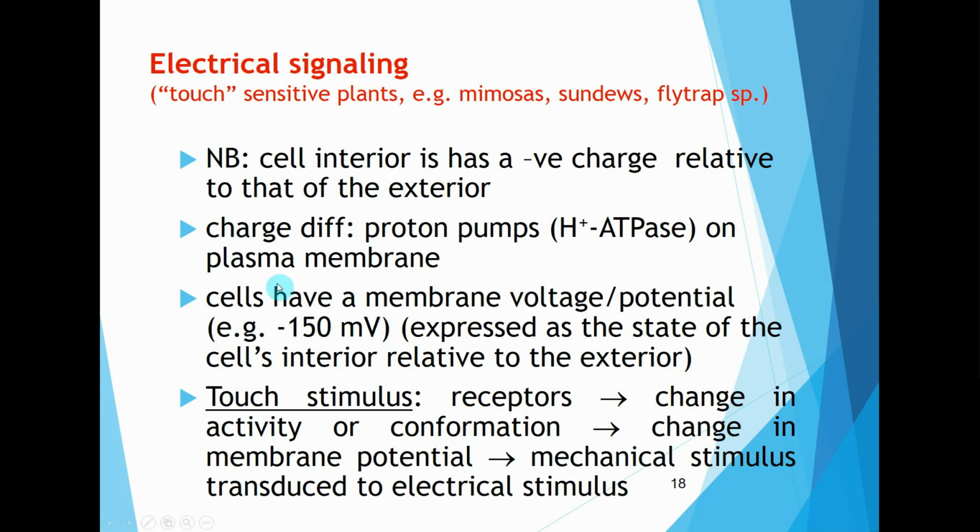It actually has a voltage energy to express the state of the cell's interior relative to the exterior. So remember, the cell interior is negatively charged. We have those hydrogen positive ions being pumped in quickly, and then we have that change from a mechanical to an electrical.